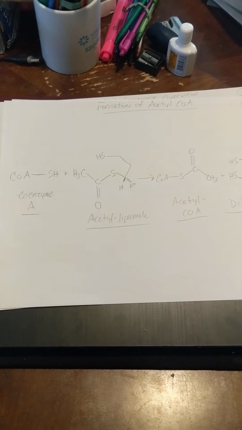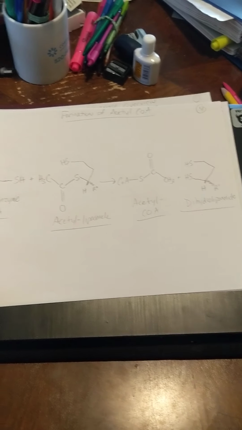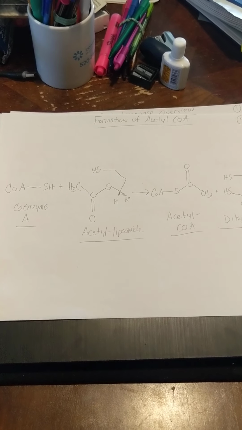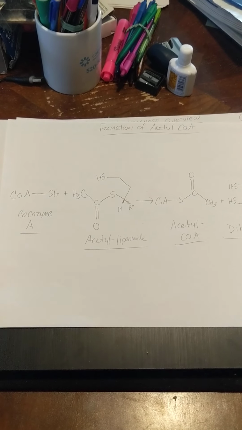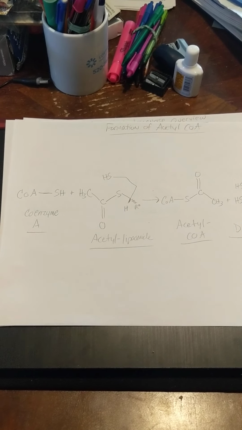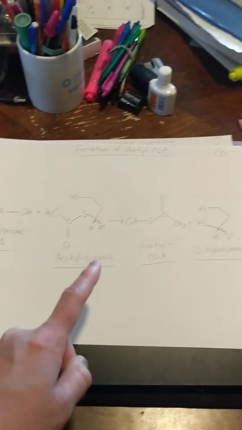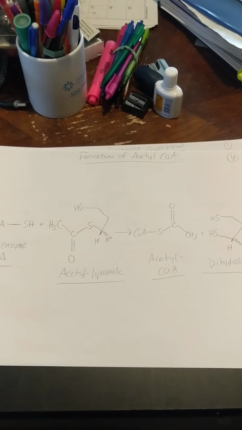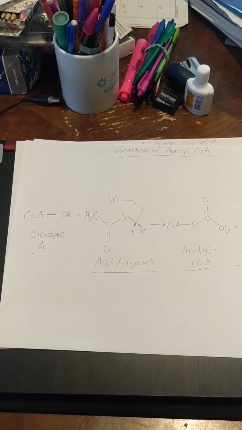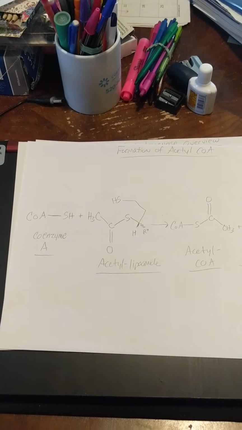And then this next step is the formation of acetyl-CoA. And so during the formation of acetyl-CoA, the acetyl group is transferred from acetyl lipoamide to CoA to form acetyl-CoA. Dehydrolipoyl transacetylase, E2, catalyzes the reaction.